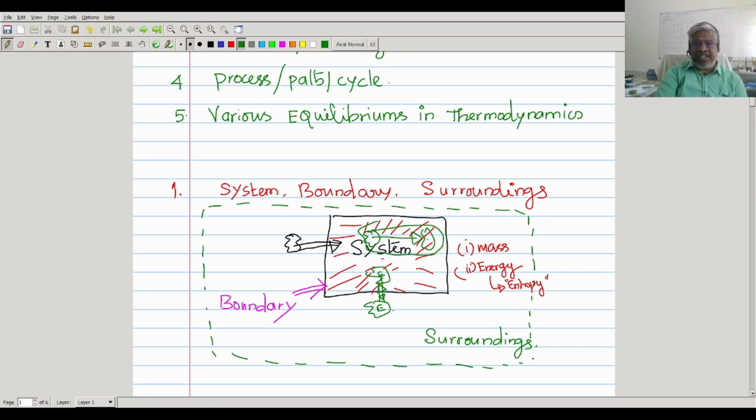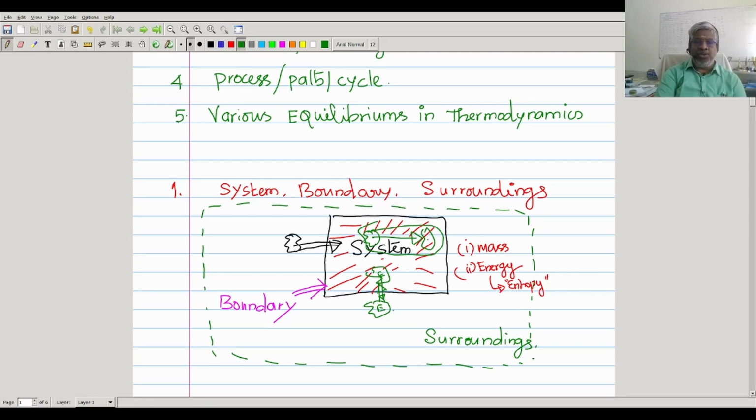So the definition of the system, the boundary, and the surroundings are very, very essential for understanding the mass and energy interaction between the system and the surroundings, because this is our ultimate aim. You may ask why it is necessary to calculate the interaction of mass and energy between the system and surroundings.